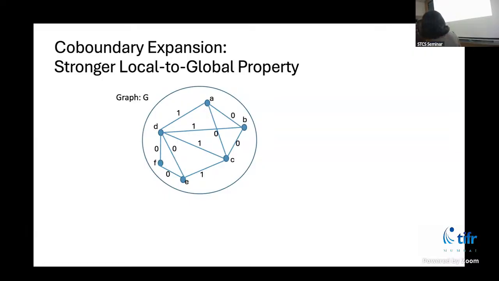Okay, is it clear what a 2-XOR instance on G is? This instance corresponds to a 2-CSP, which means that you want this variable plus this variable to add up to 1 over F2. Yes, it's a generalization of 2-coloring.